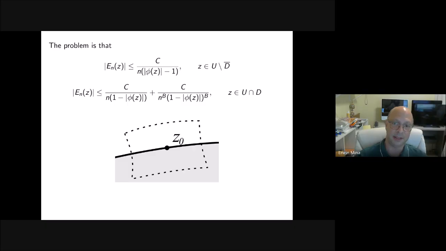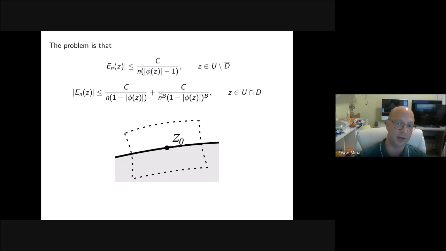Now, if you look at this estimate, you ask what happens if n goes to infinity. Well, you have n here below as well as here, so this is going to go to 0. Great. But what happens is that you also have this parenthesis, so that if Z goes toward the boundary, the absolute value of this conformal map goes to 1.